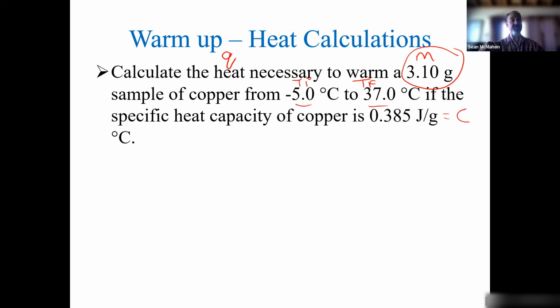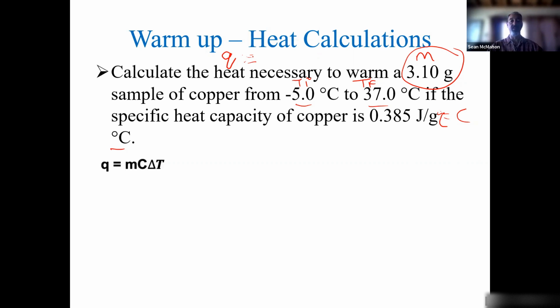They don't always give it to you in the problem. Sometimes you might have to refer to a table or your book to find the specific heat of copper. It could be in calories per gram degree Celsius or in joules per gram degree Celsius. Because it doesn't tell us what unit for heat, we'll leave the unit in terms of joules.